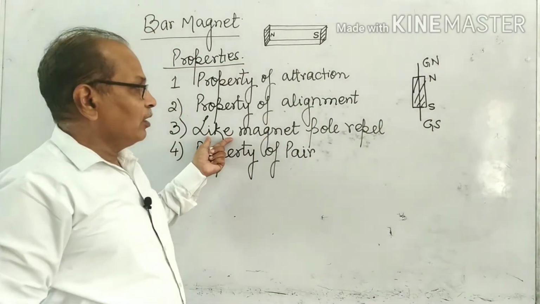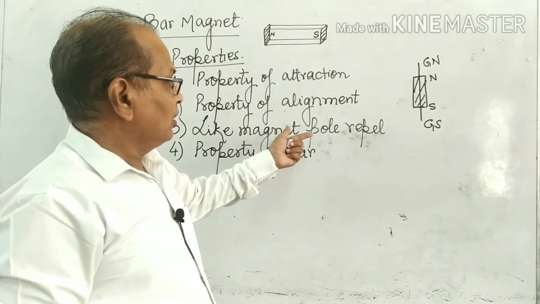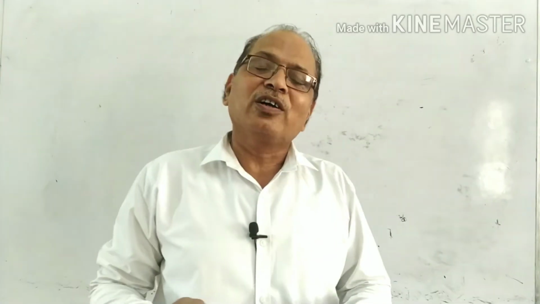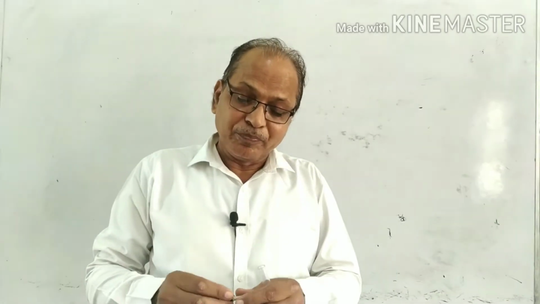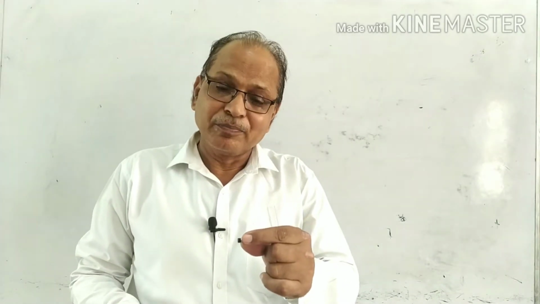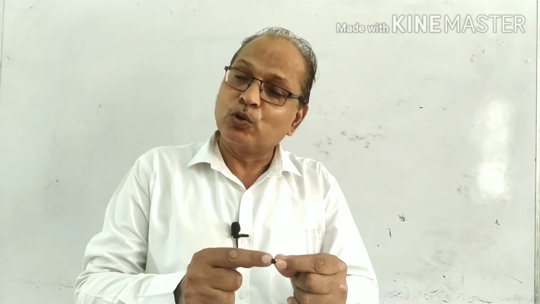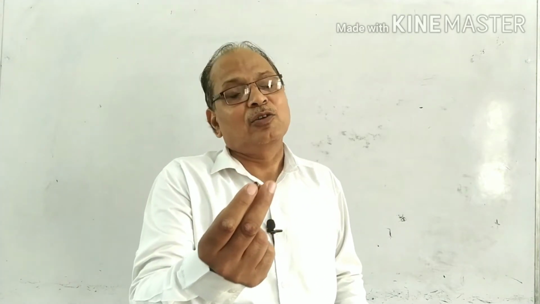Next, like poles of the magnet always repel each other. For attraction and repulsion of magnets, for example, this is a magnet. This black part represents the north pole of this magnet. This is also a magnet having the black part, the north pole.